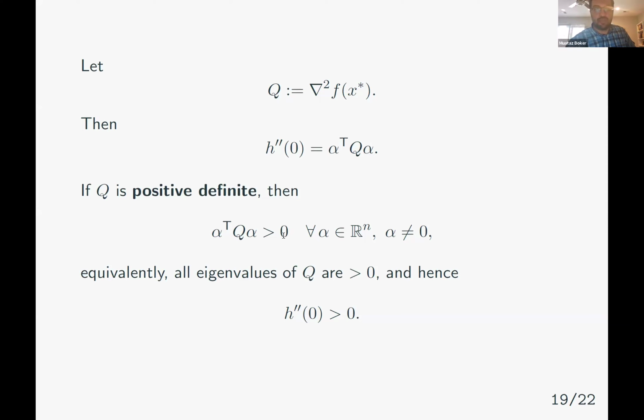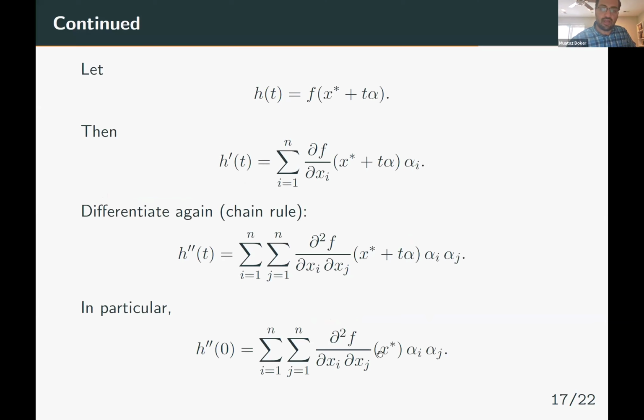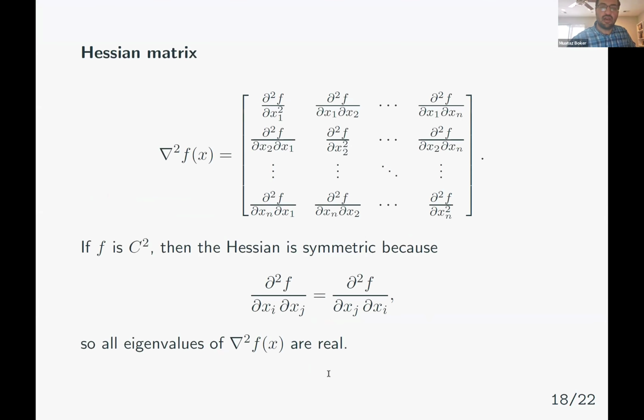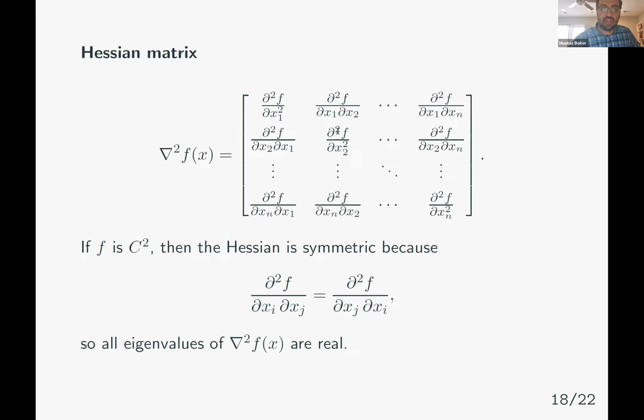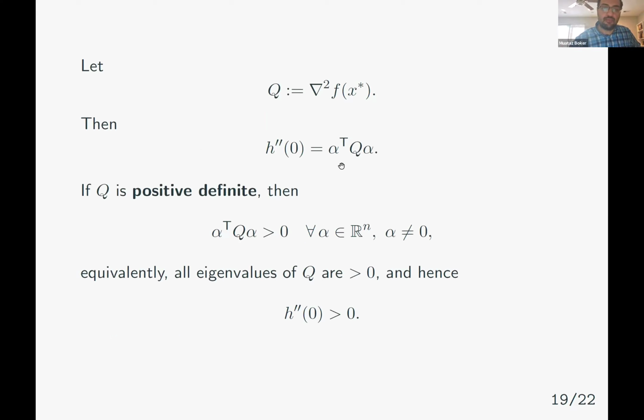Alpha is a vector, Q is a matrix, but if you write it that way, which is coming from here, it's the same as this one. Then what we have in our hands is a quadratic function because the Hessian is symmetric. Quadratic functions mean that if Q is positive definite, then this function is always going to be positive.